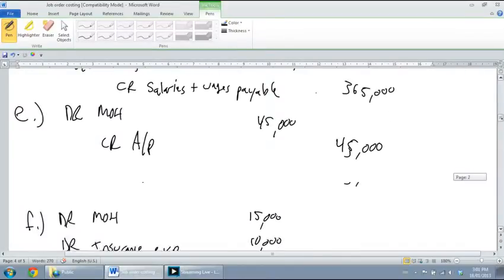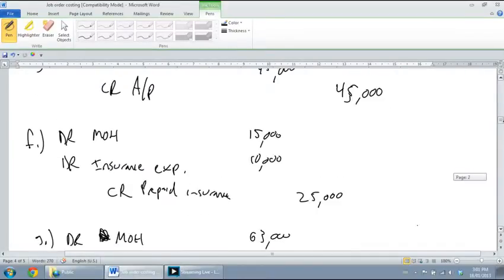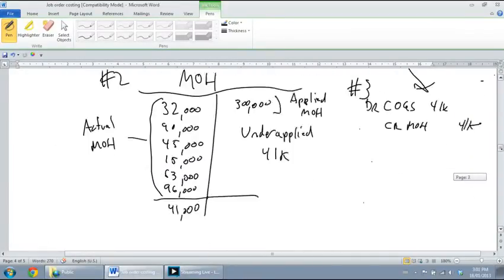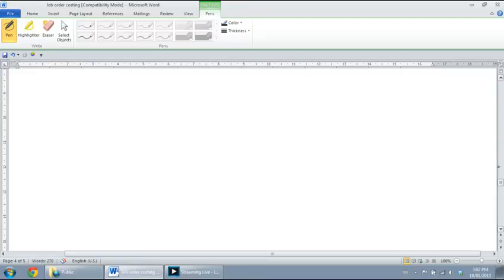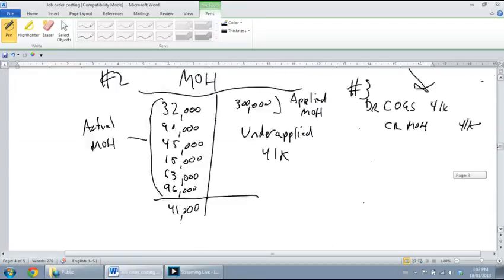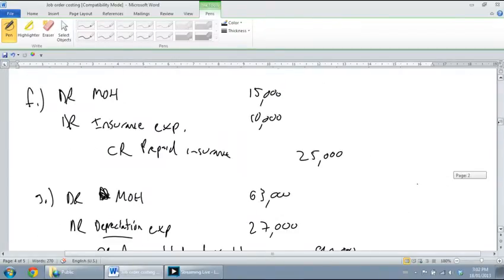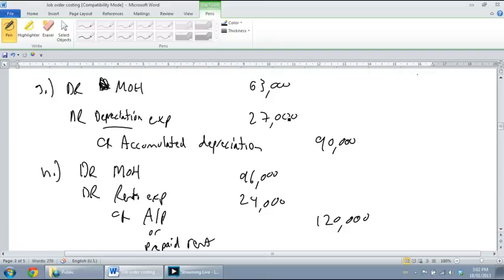Next, MOH, no expenses there. Next is insurance expense. Again, I'm looking for anything I've called an expense. And we have insurance expense. And I think that was for 10. I'll double check as I'm looking for my next one. Yeah, 10 for insurance expense. Next up, depreciation expense, 27.